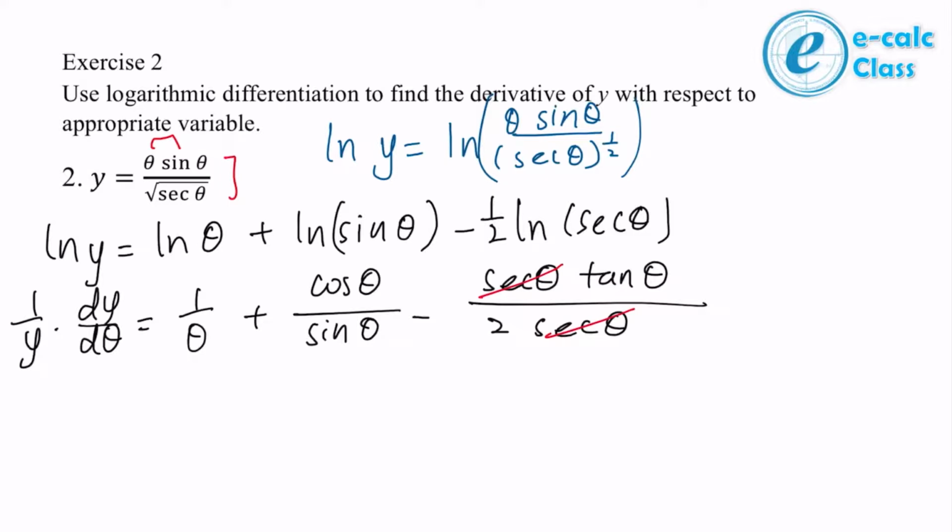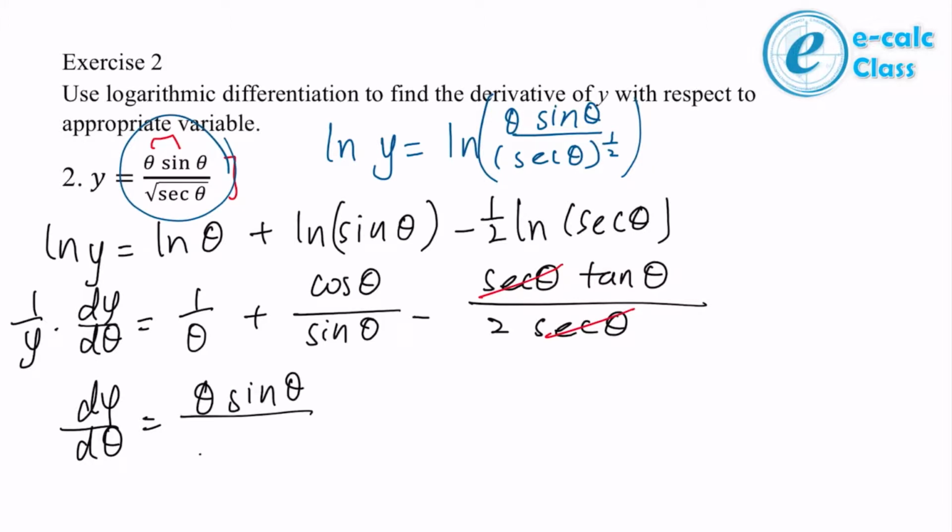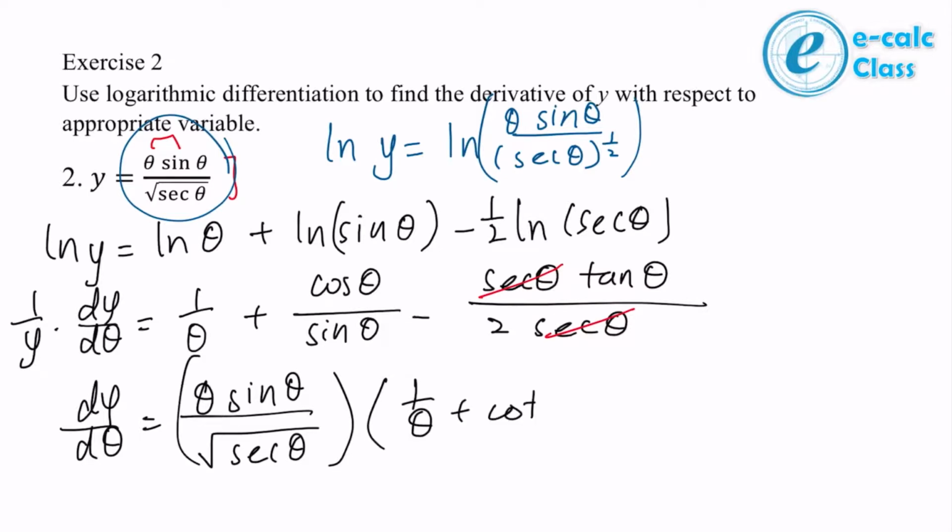Simplify. Bring the y over. Y is the whole thing here, theta sine theta over square root of secant theta. Copy. This is cotangent minus half tangent theta. Finish.